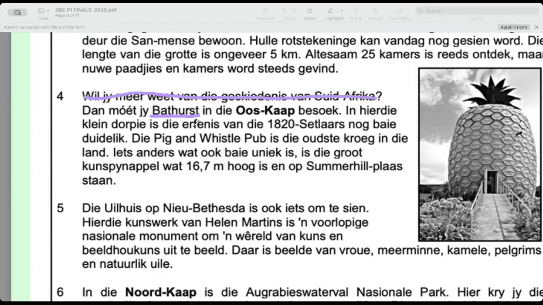En hierdie klein dorpie is die erfenis van die 1820 settlers nog baie. So the Pig and Whistle pub would not be one. It wouldn't be the Big Pineapple, and it wouldn't be on Summerhill Farm. So the only thing that was left was the 1820 settlers. So that was your answer, the 1820 settlers.